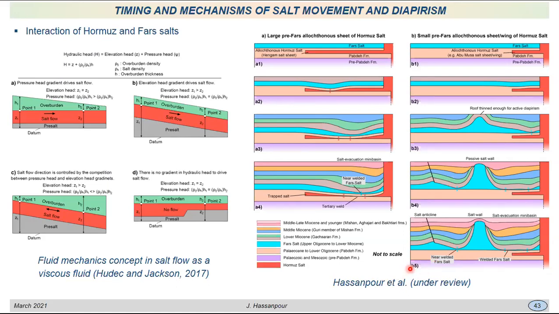So according to this observation, we have proposed two scenarios based on the fluid mechanics concepts in salt tectonics when salt is considered as a viscous fluid. So we have considered two scenarios. The difference between them is the extent of this allochthonous salt sheet of Hormuz salt.